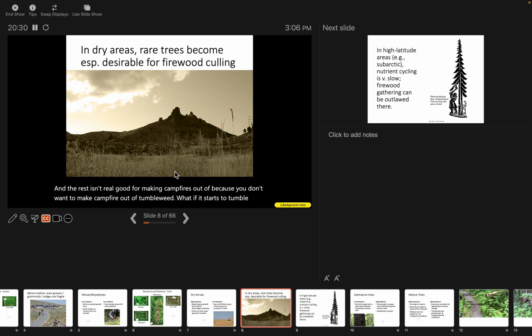Make sense? Good. Okay. So here, this isn't a drive-over-it kind of impact, because we're not really driving over full-size trees, but it's, man, my campfire isn't working until I take the only cellulosic material that's not going to roll away on me and build my fire out of it.